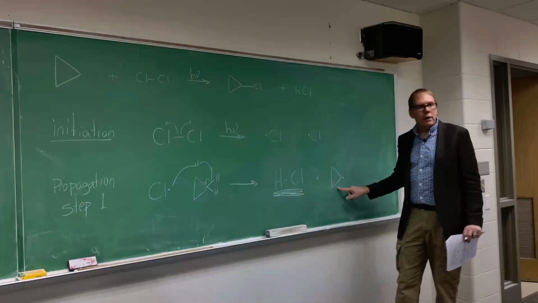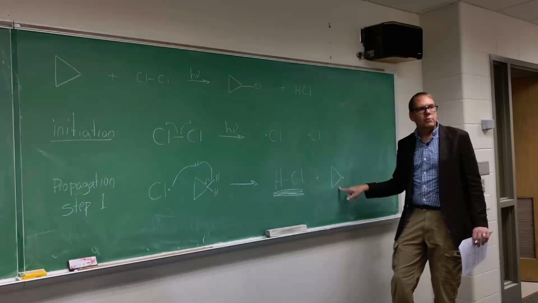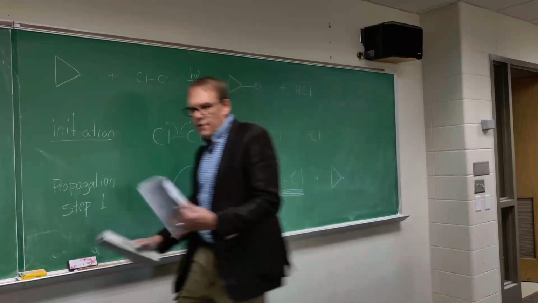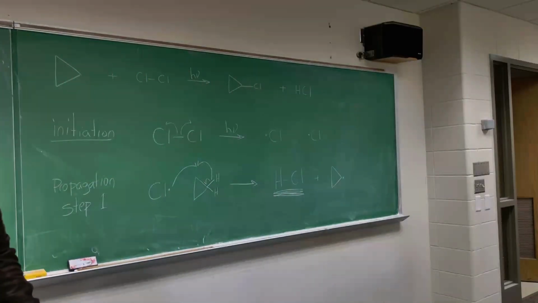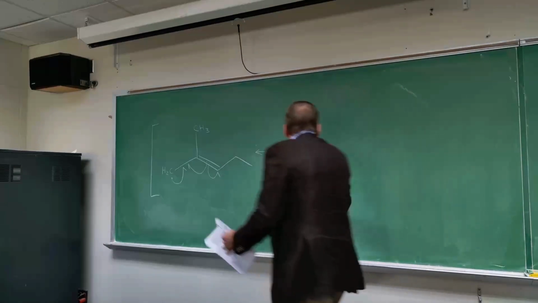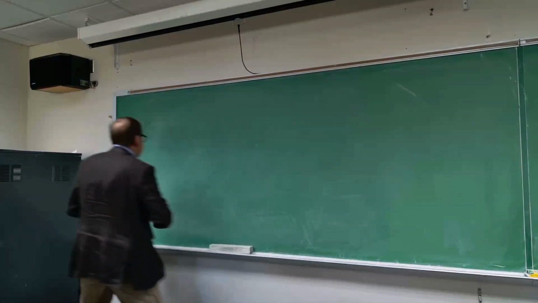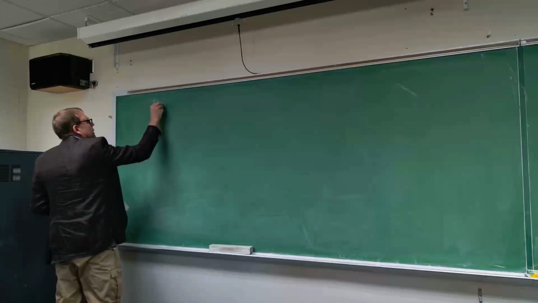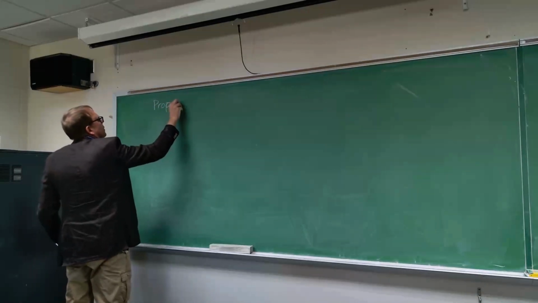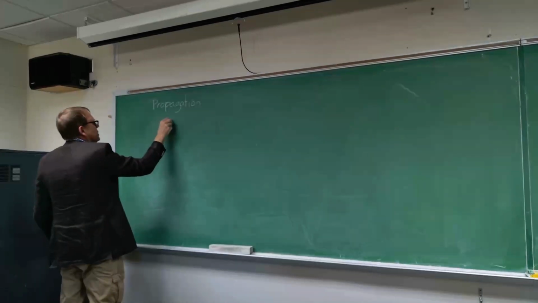And that radical that was the product of the first propagation step, we're going to use that in the second propagation step as our key reactant. So propagation step 2.